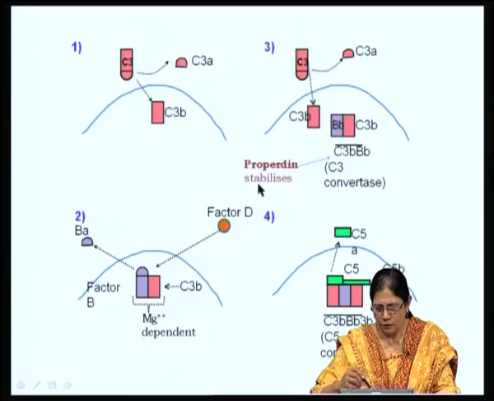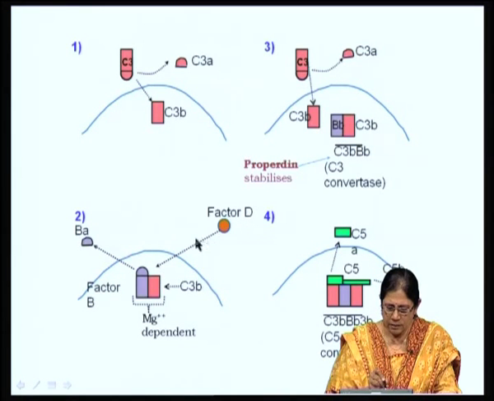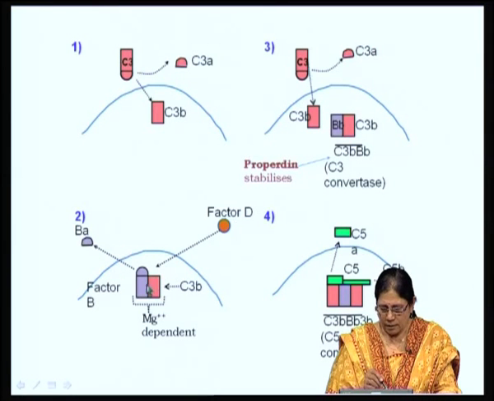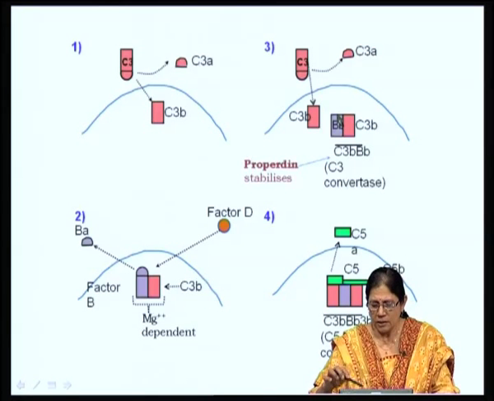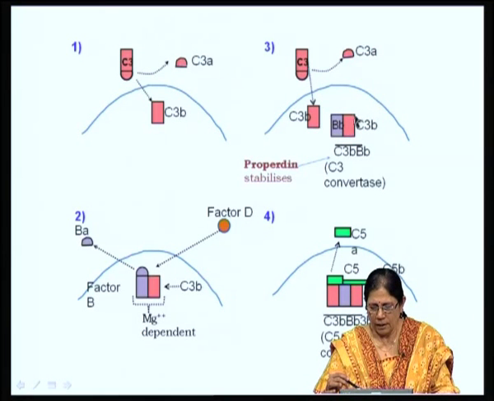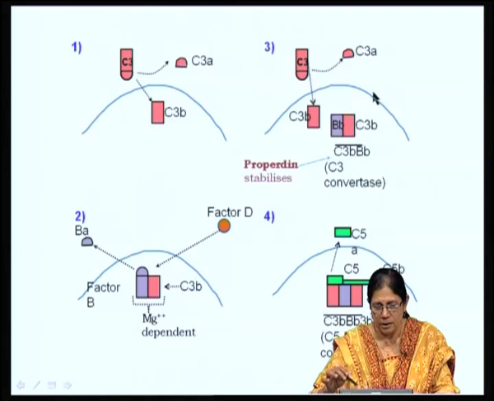So, you have now C3b, which is bound to cleaved Bb. Factor D's substrate is factor B. Once B is cleaved to Ba and Bb, with Bb bound now with C3b, this becomes a C3 convertase. Now, this needs stability, and unless there is another serum protein called properdin, which binds to this complex and makes it stable, this is a highly unstable complex.